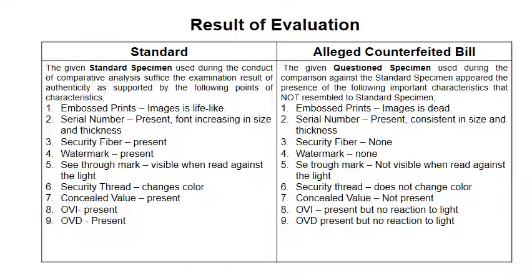The concealed value is present in the standard, but in the alleged counterfeited bill, the concealed value is not present. The OVI and the OVD in the standard are present, while in the alleged counterfeited bill, the OVI is present but has no reaction to light, and likewise the OVD.